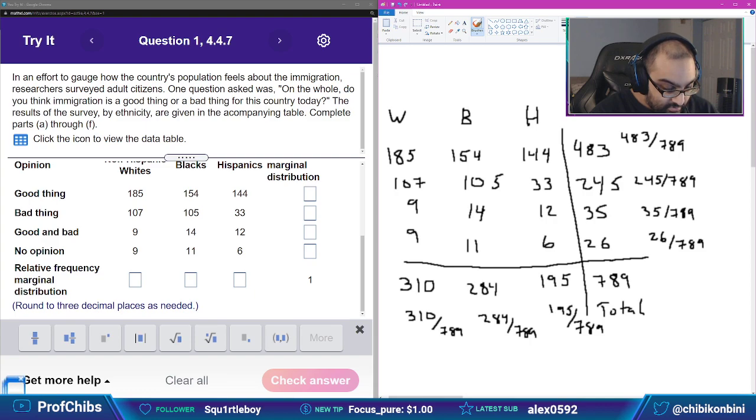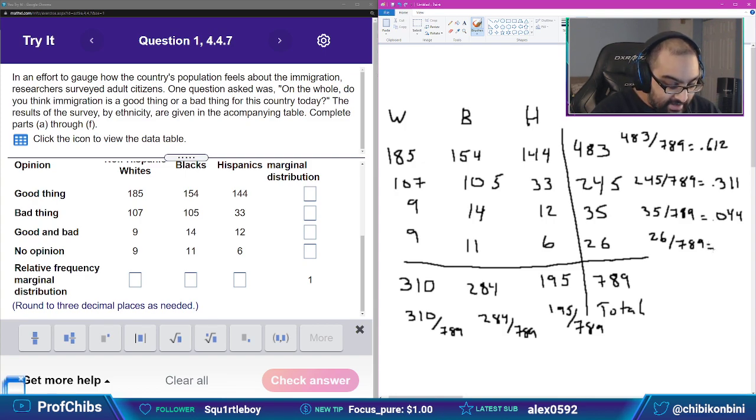Okay, here I get 0.612. Here I get 0.311. Wait, 0.44.